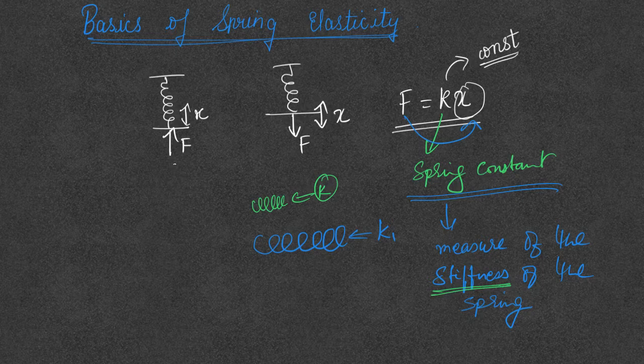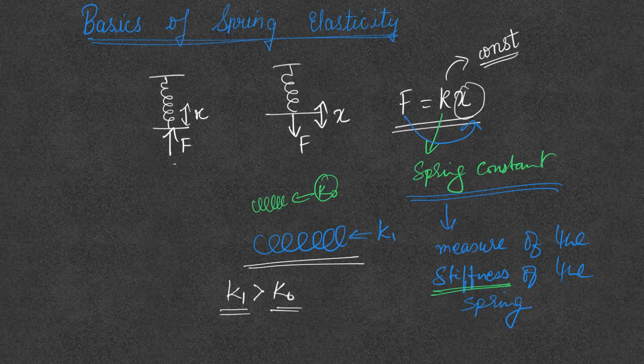Let's say you have two springs, one with stiffness K0 and the other with stiffness K1. If this spring is more stiff than the earlier spring, then K1 will be greater than K0. So a spring may be more stiff than another spring.